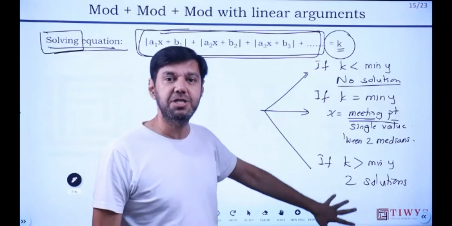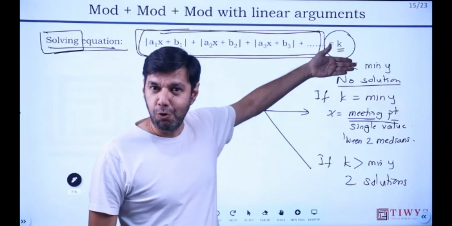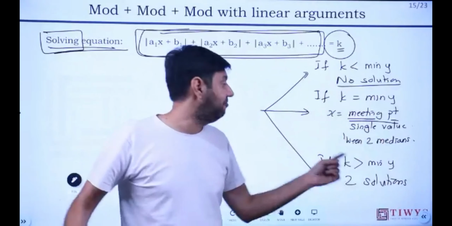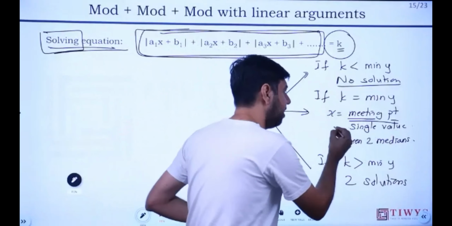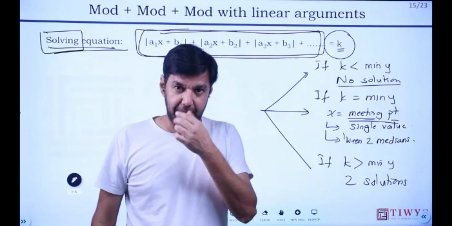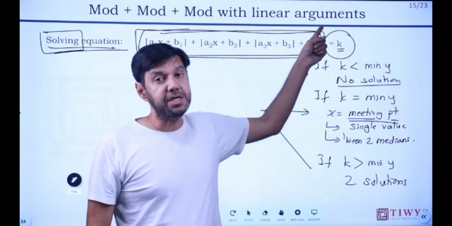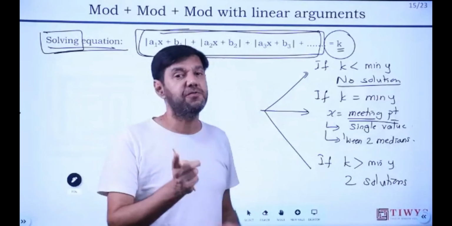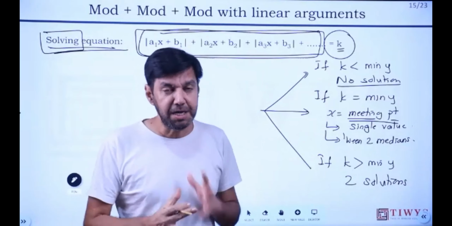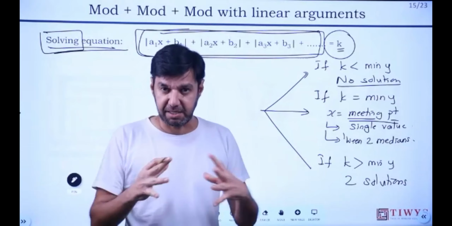Look at the solutions: either no solution, one solution, or a range of infinite values between the two middle values. You will not appreciate any of this if you have not studied the concept videos beforehand. This is only practice and cementing things.